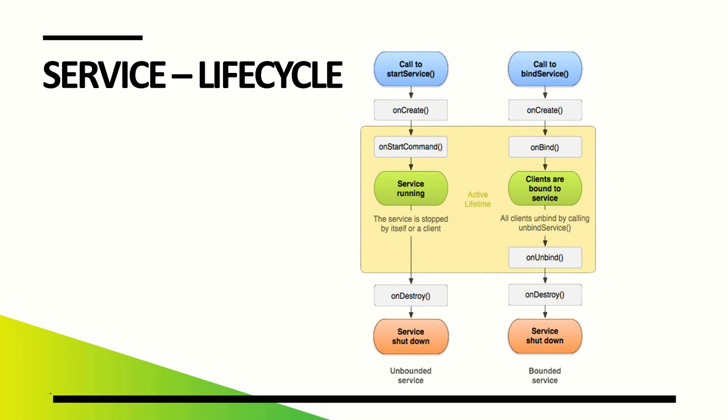In the case of standard services, we're dealing with two types. There can be bound and unbound services. An unbound service is very loosely bound with the rest of the code. It reacts to commands sent as intents.